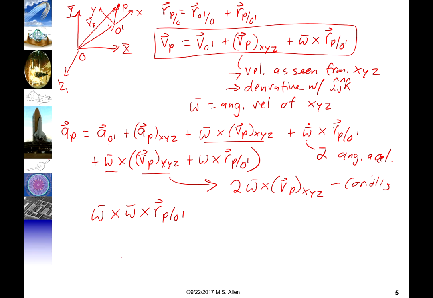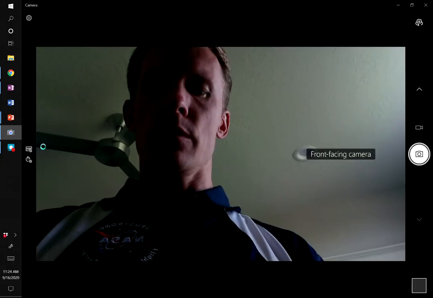And let's actually just talk about this term really quickly. If we had some position vector r_P/O', and let's say we just had a simple rotation out of the page, for the first one, we'll use the right-hand rule.